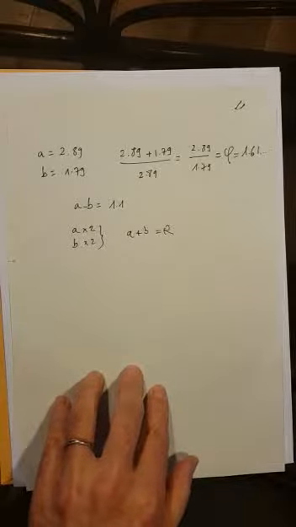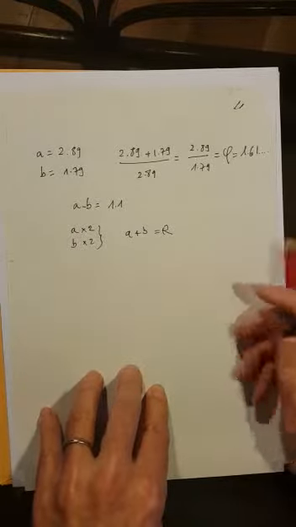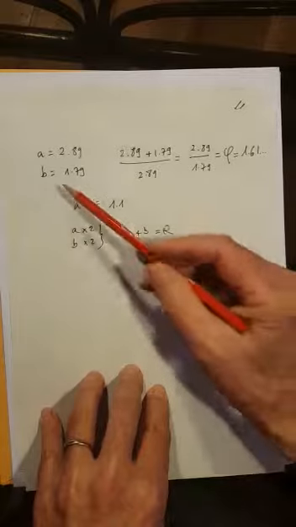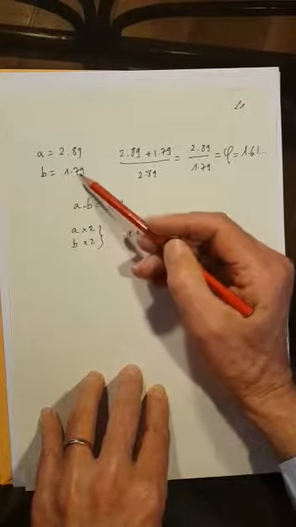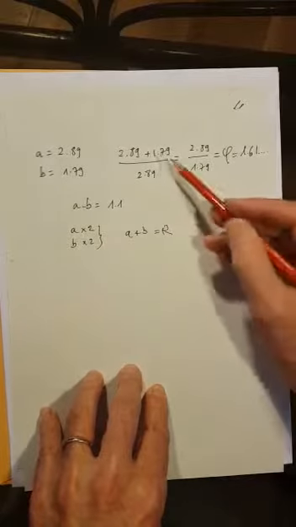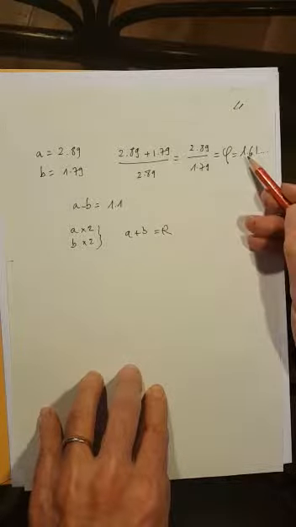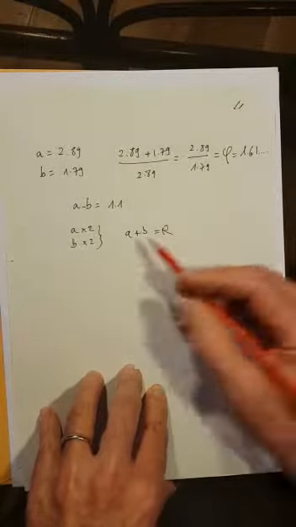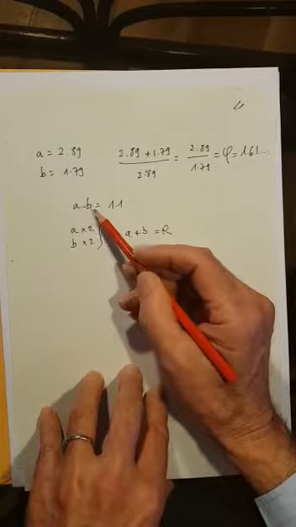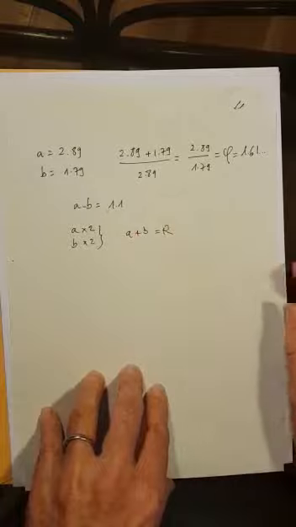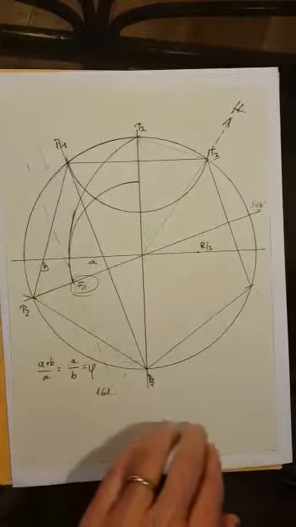Initially, I have, in an empirical way, chosen two values for A and B, 289 for A and 179 for B, which the ratio will give us 1.61. Amazingly, the difference between A minus B equals 1.1.